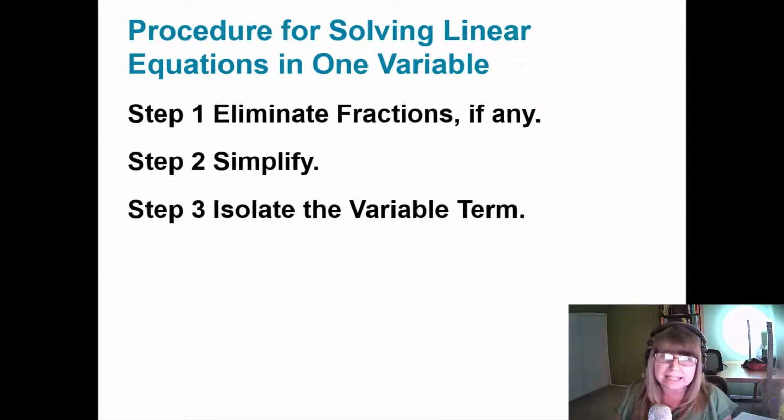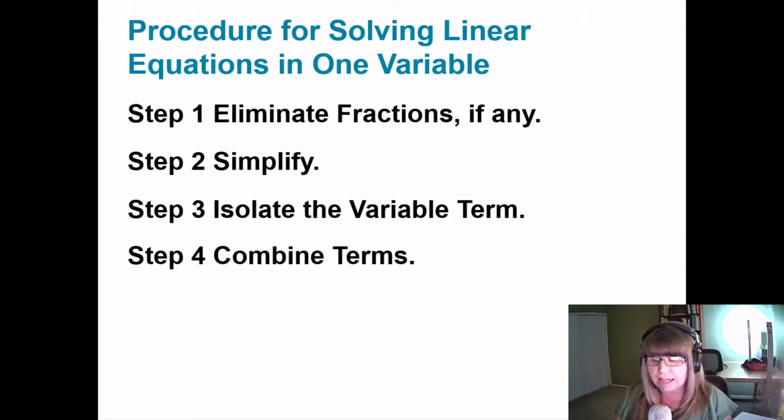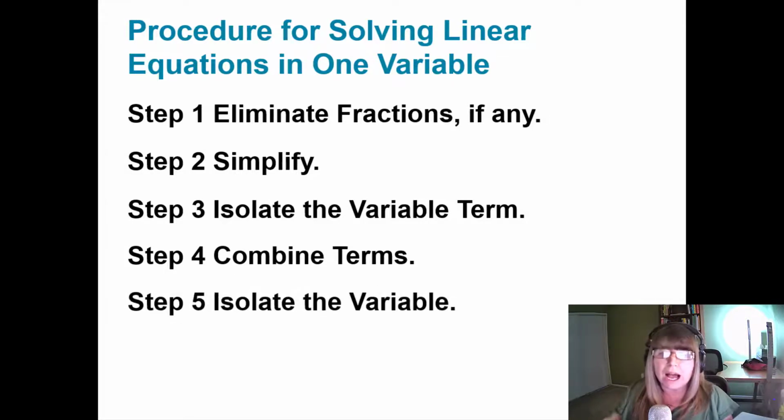Then you're going to isolate the variable term, meaning you're going to try and get the variable all by itself on one side and then the constants on the other side. If you have to, combine terms to be able to do that. At this point, isolate the variable, meaning generally you will have the variable has a coefficient, a number in front of it.